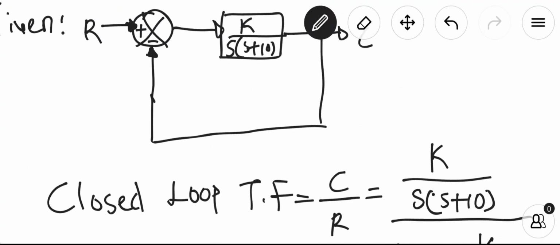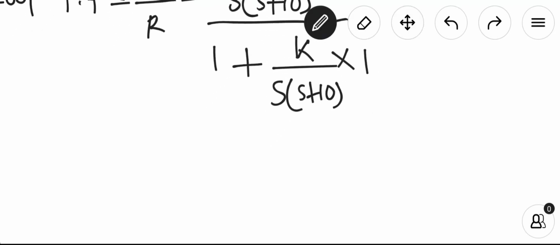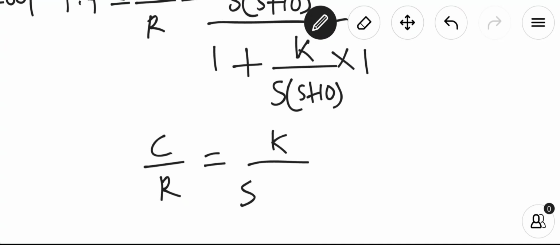What this means is that the value here is just 1. Now if you simplify this, C over R becomes K over S squared plus 10S plus K.